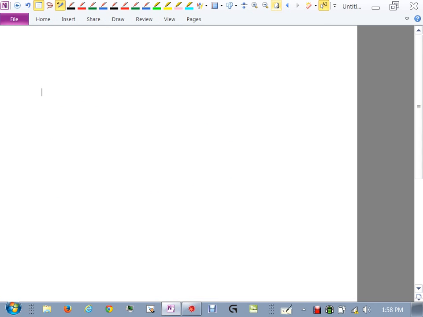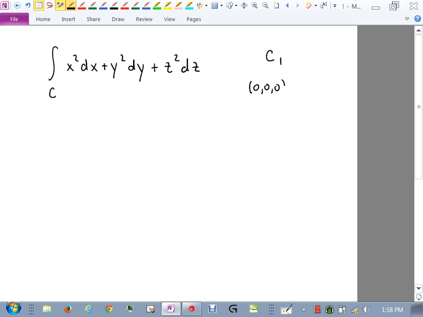Does everyone see this is just an extension of what we just did already? Right? Okay. I'm only going to go along C, I'll call it C1 since there's another part of this we're supposed to do: 0, 0, 0 to 1, 2, negative 1.